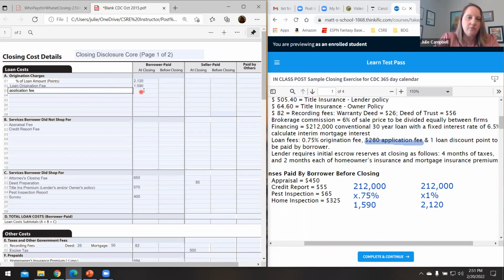It has to do with the loan, with the lender. So we're going to put it under loan costs. As simple as that. Quite frankly, I don't care where you put it on page 1. Just get the 280 in the right column. So all three are borrower paid at closing.